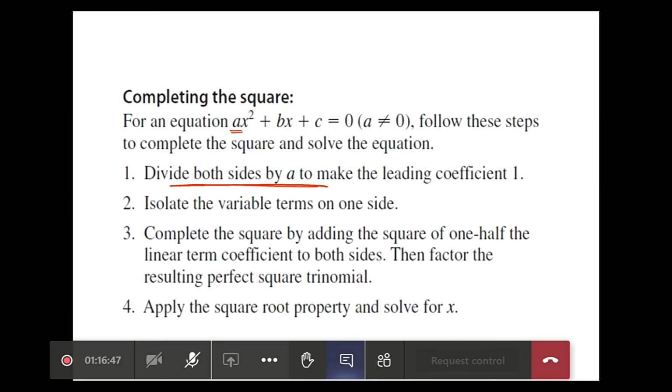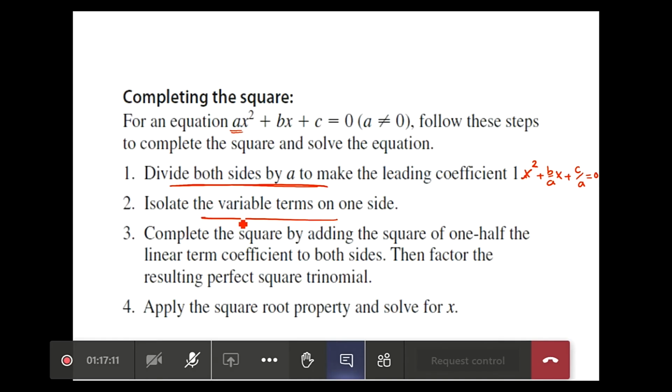After that, the equation becomes x square plus b over a x plus c over a equals what? 0. Like this. After dividing by a, 0 over a is 0.